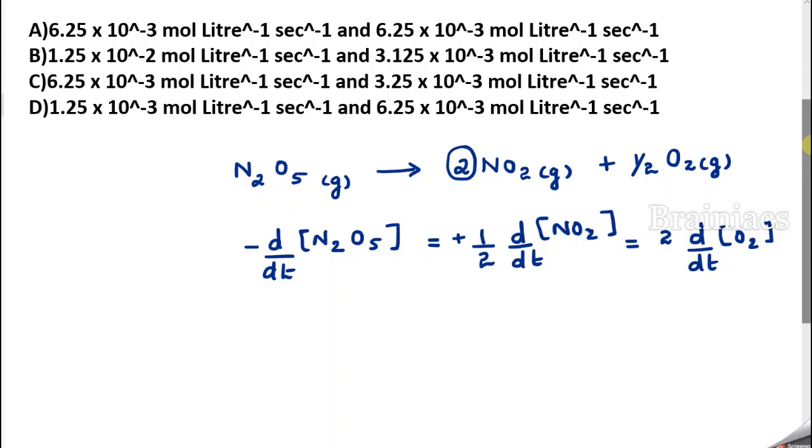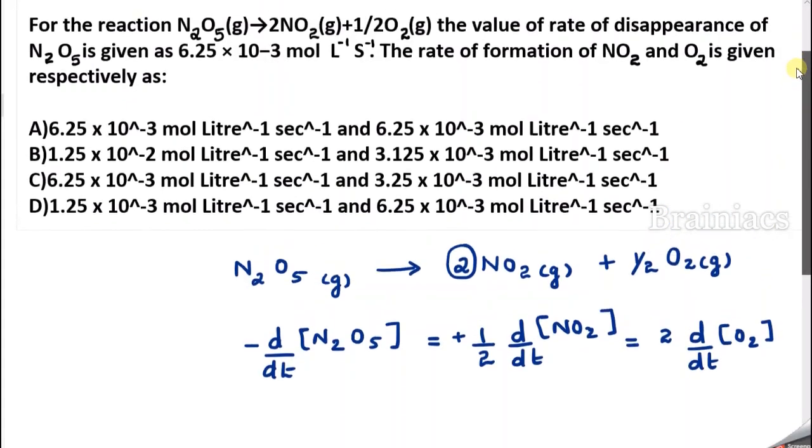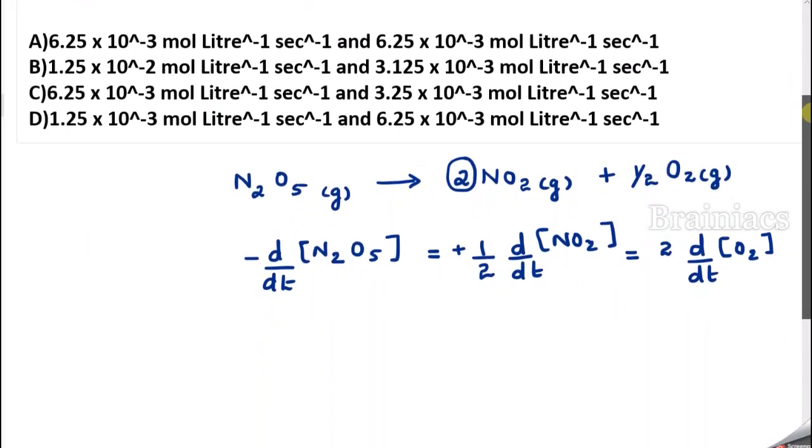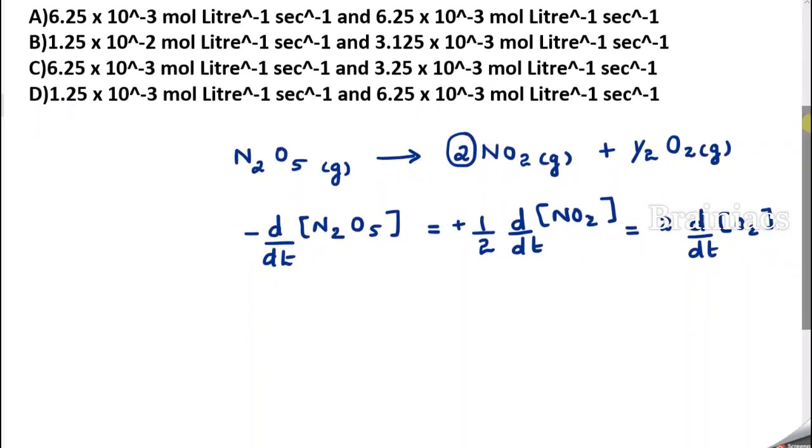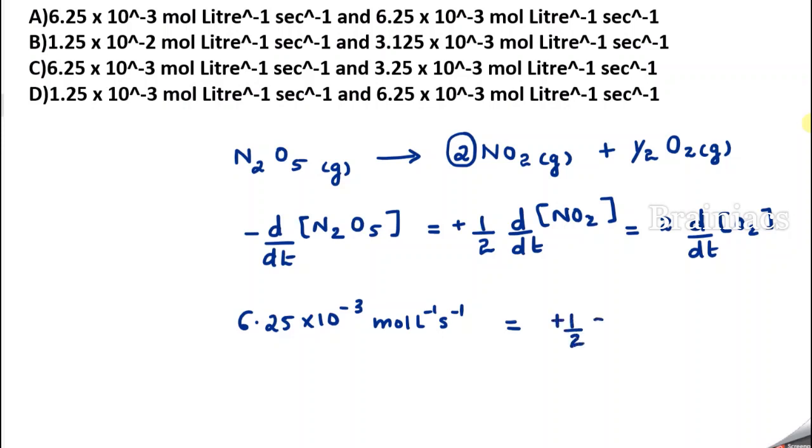The rate of disappearance of N2O5 is already given as 6.25 into 10 power minus 3 mole liter raised to minus 1 second raised to minus 1, which is equal to plus 1 by 2 d by dt of NO2.